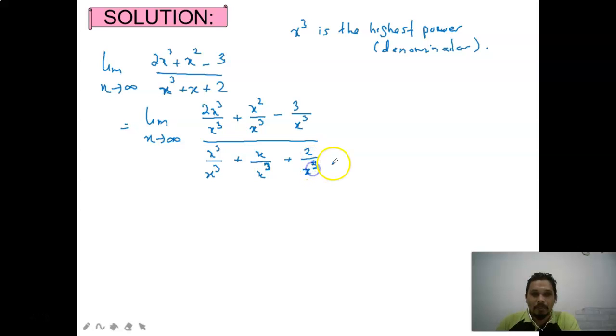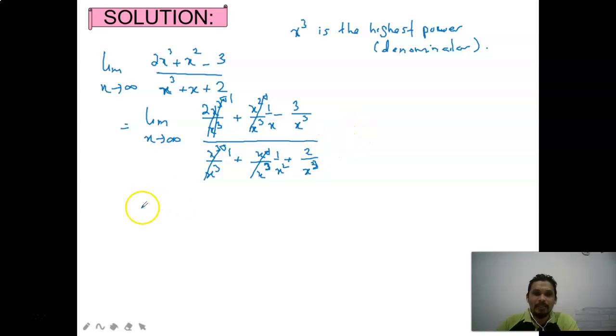Okay, so x cubed divided by x cubed equals 1, x cubed divided by x cubed equals 1, and this gives us 1 over x, and this one gives us 1 over x squared.